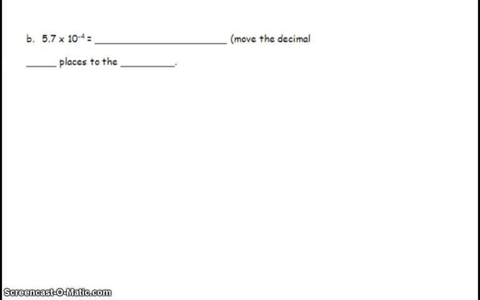On the next example, we have a 5.7 times 10 to the negative 4. When we did negative exponents last time in class, they all were fraction answers, meaning very small numbers. Scientific notation, same thing, except we're not going to write it as a fraction, we're going to write them as decimals. So the negative 4 on the 10 tells us to move the decimal point 4 places, but we want to move it in a direction that's going to make 5.7 smaller. So if I go backwards, there's 1 place plus 3 more places.